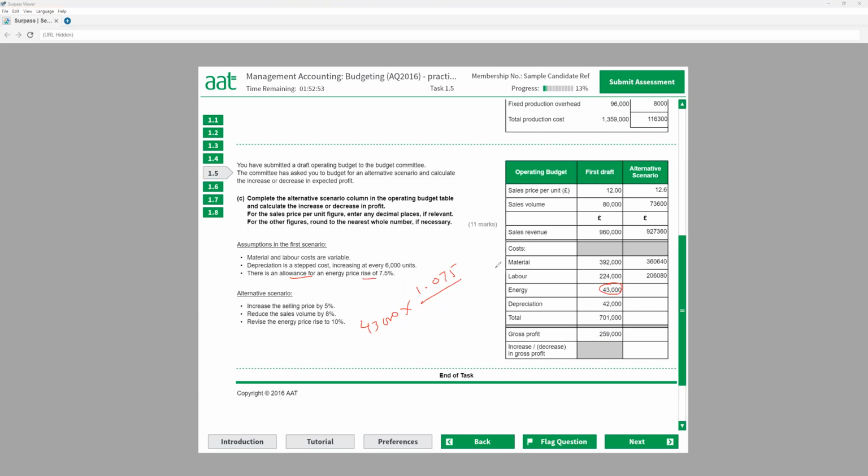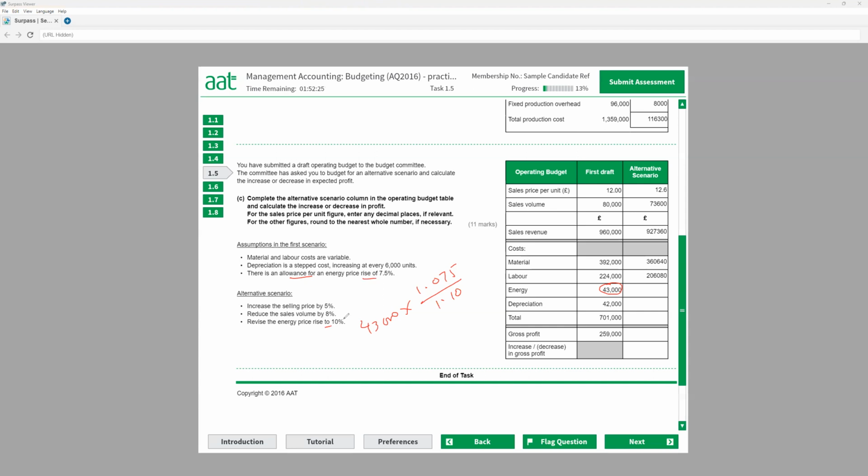If it increased by 7.5%, that means it's 1.075. And here is a rise to 10%, which means 0.10, and if I add 1, it is 1.10. So 1.10 times 43,000.